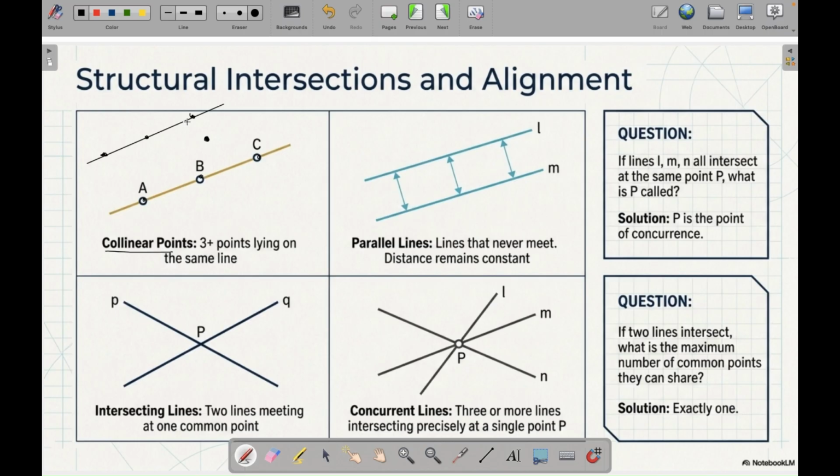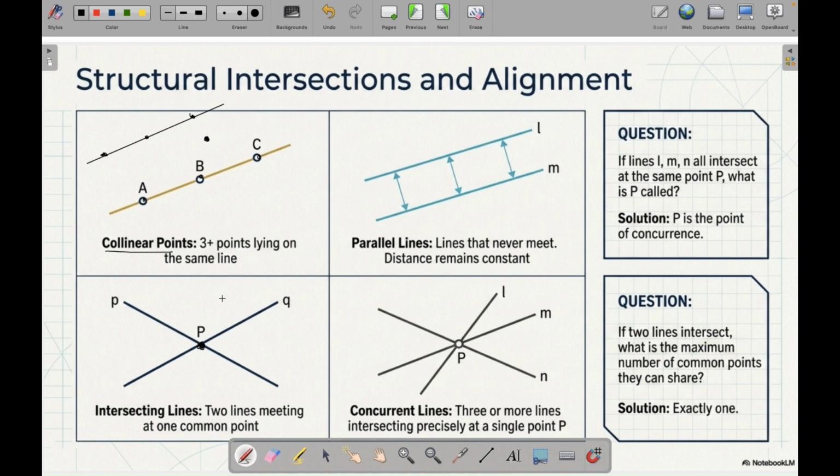Then we have parallel lines. Parallel lines we have already discussed: they are lines that never meet, and the distance between parallel lines is always the same. Then you have intersecting lines.